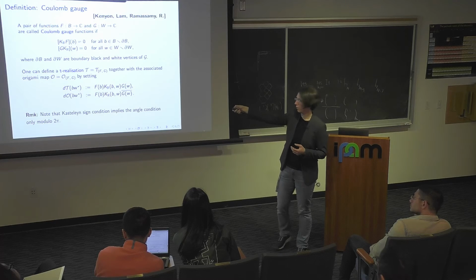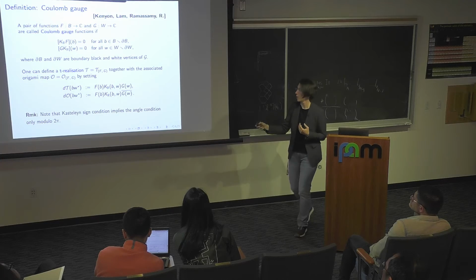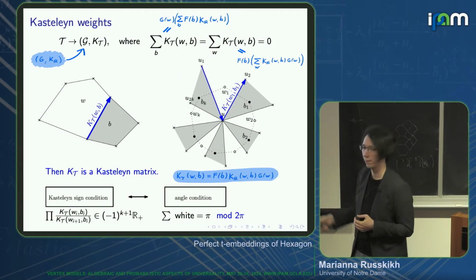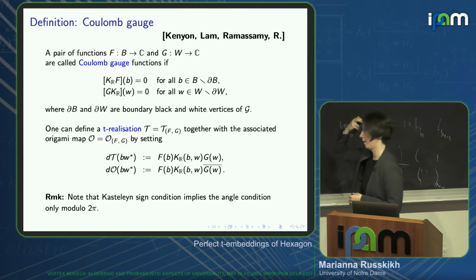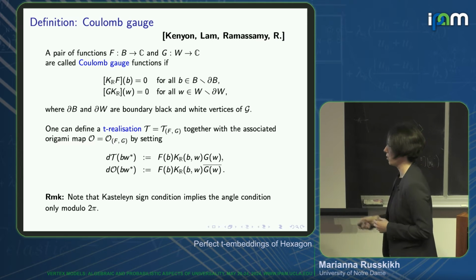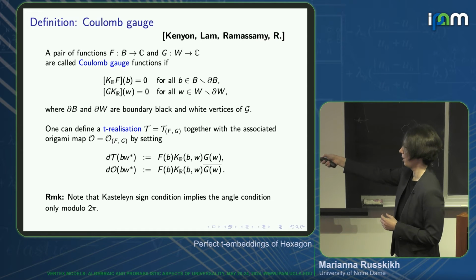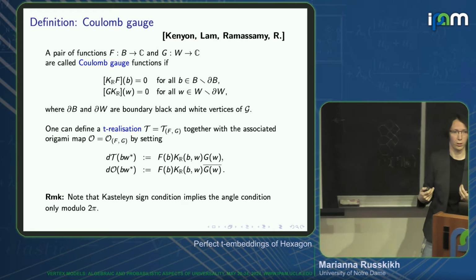We want them to be in the kernel and co-kernel of the initial Kästlin matrix, because if we sum around each face, then we get 0. In another project, we defined the same embeddings using the notion of the column gauges. We say that the gauge is a column gauge if for each inner vertex inside the domain, one function is in the kernel and another in the co-kernel of the initial Kästlin matrix.